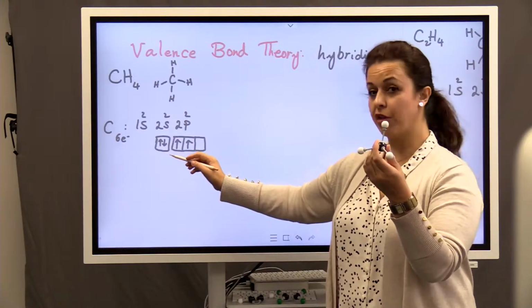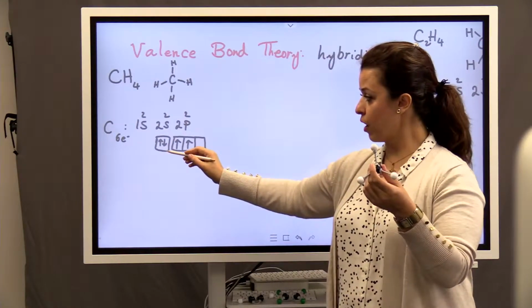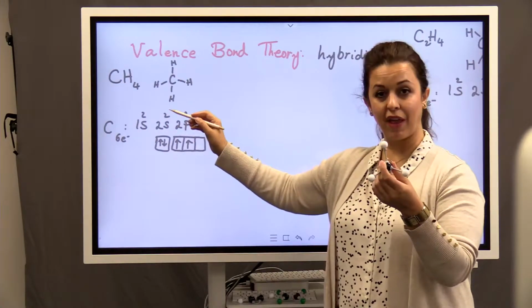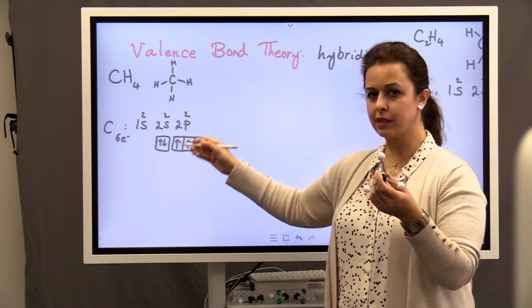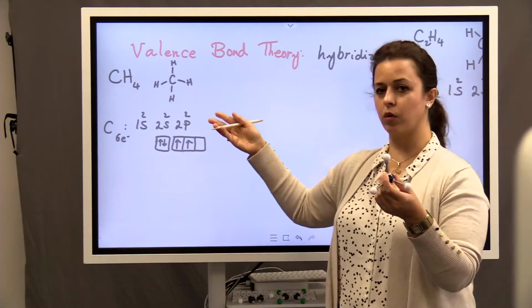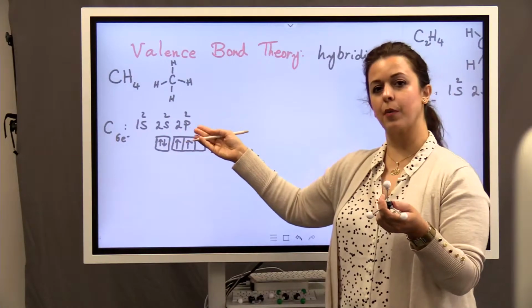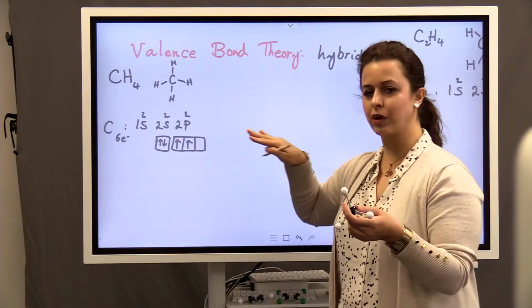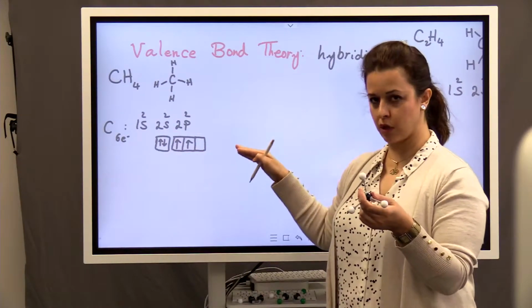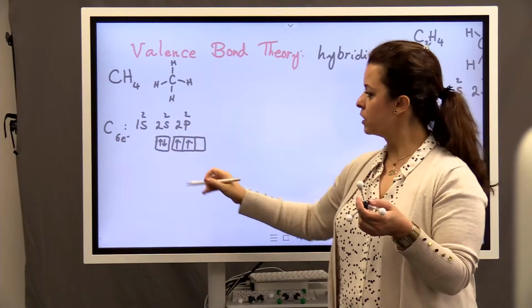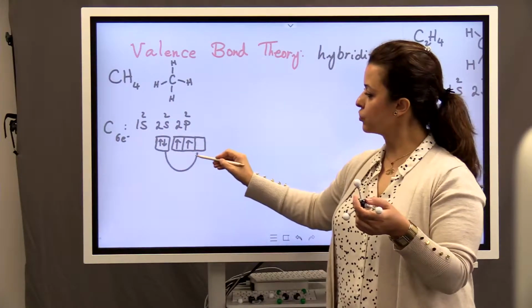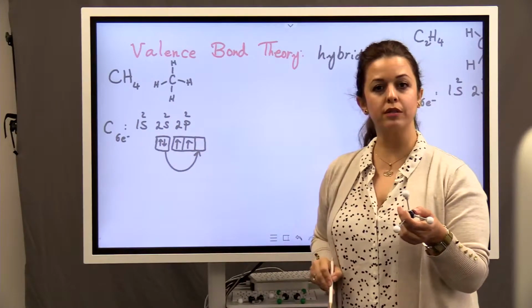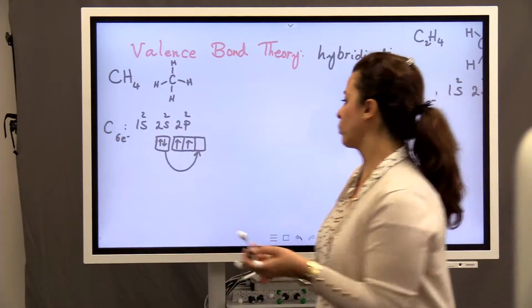What happens? The theory is that, we're talking about the valence level, right? Because the valence electrons in the outermost shell are the ones that participate in bonding. So forget about the electrons in 1s, we just focus on valence electrons in the valence level. So an electron jumps from 2s to 2p, and look what happens.